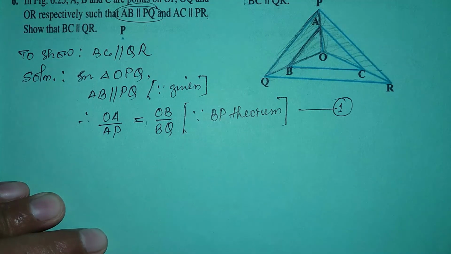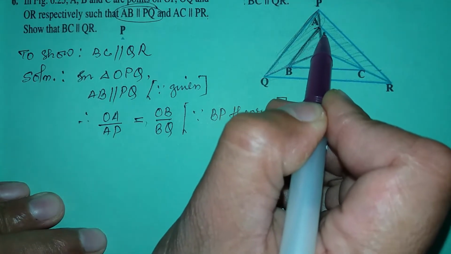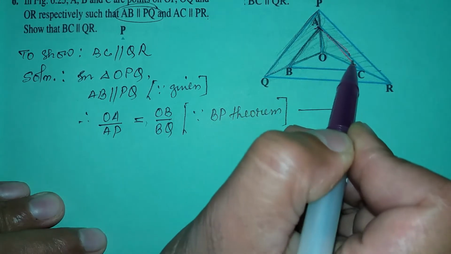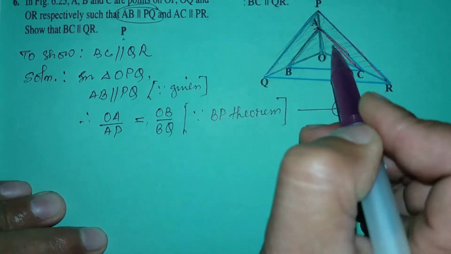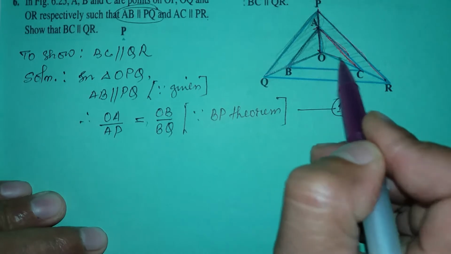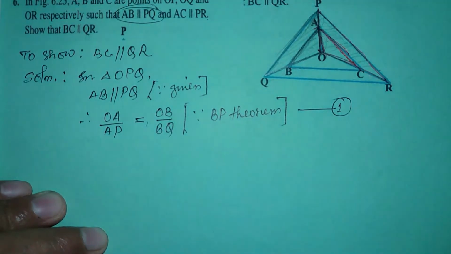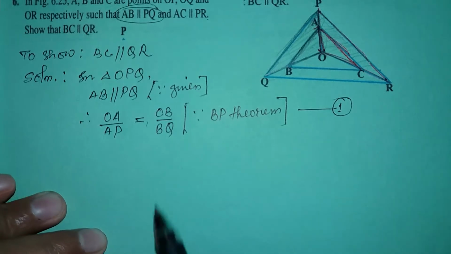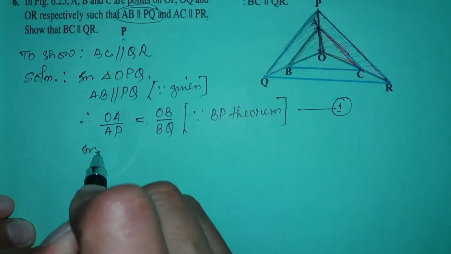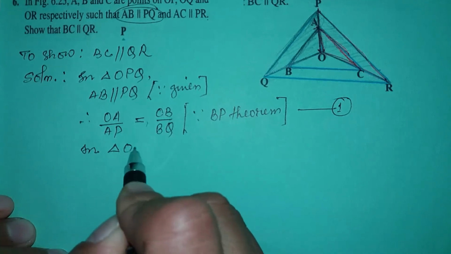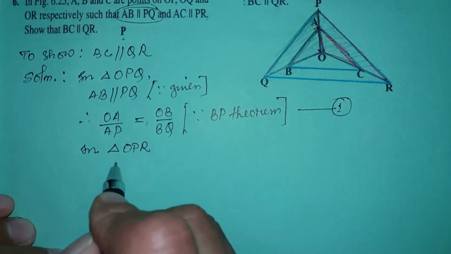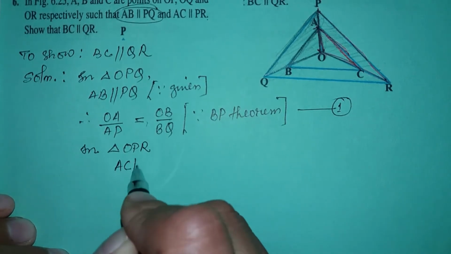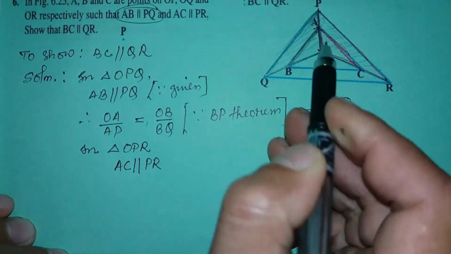Now in this triangle, again we have AC parallel to PR. In triangle OPR, AC is parallel to PR.